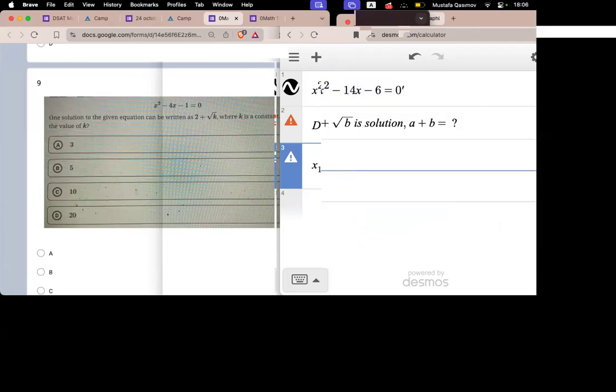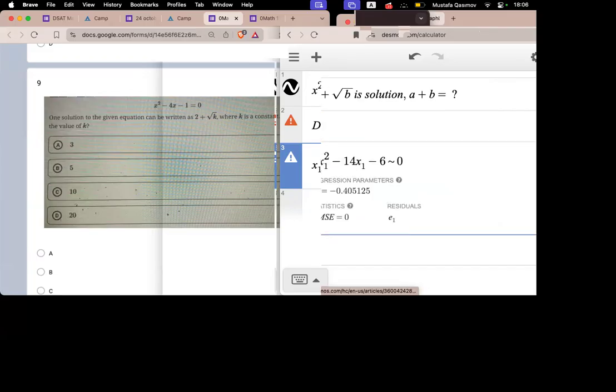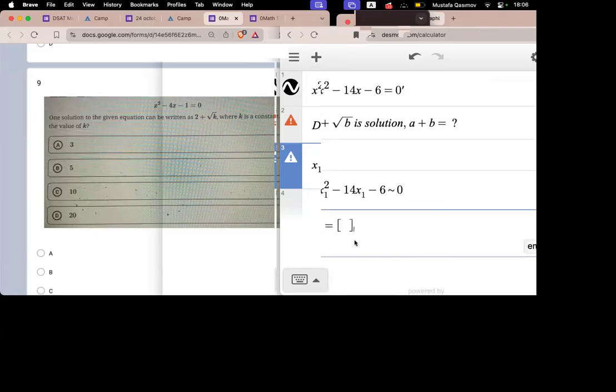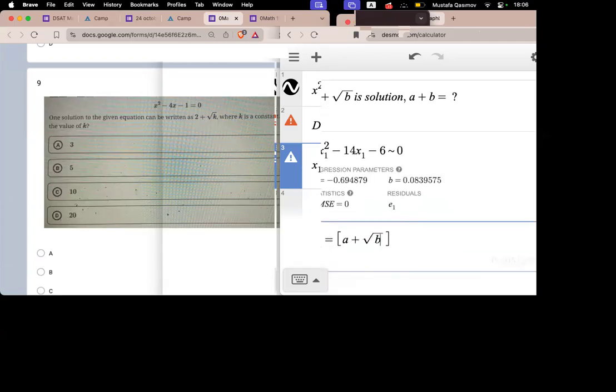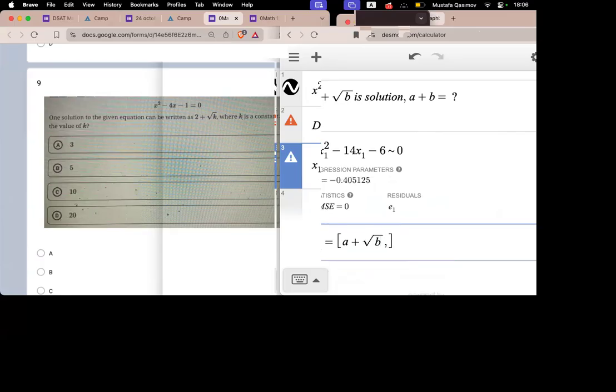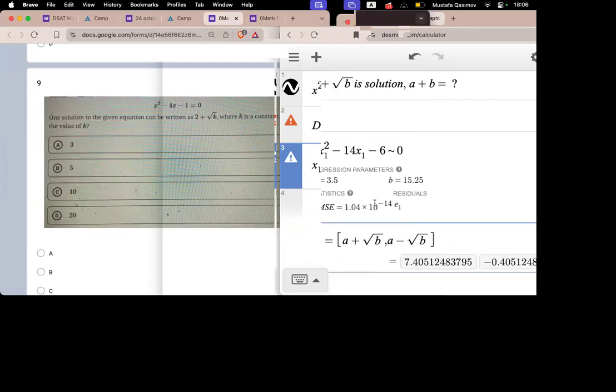You have to write it here like that. Then you must write here 1. Then you have to say that x1 is equal to a plus square root of b. But we know that when we are using the discriminant, we are getting two solutions with plus and minus, and we have to write also here minus. A minus square root of b. They will get the value here like that.